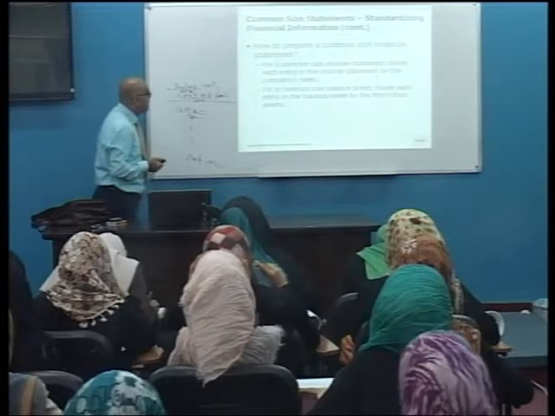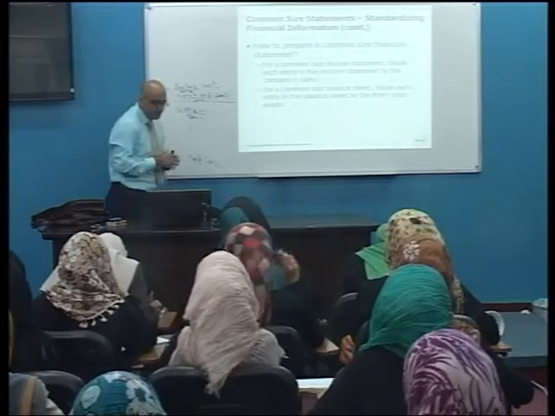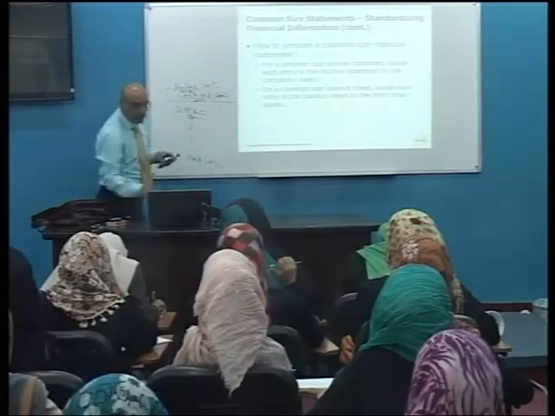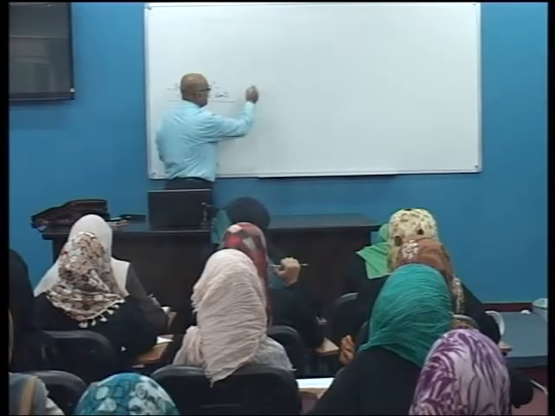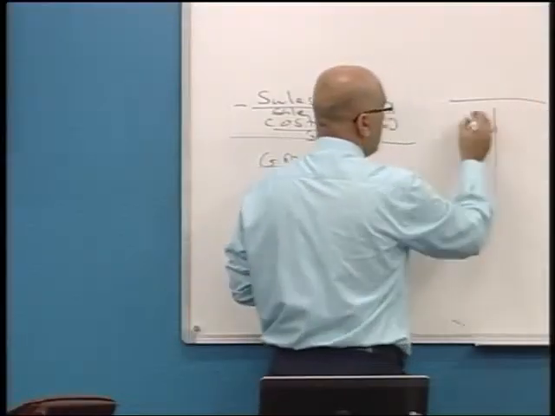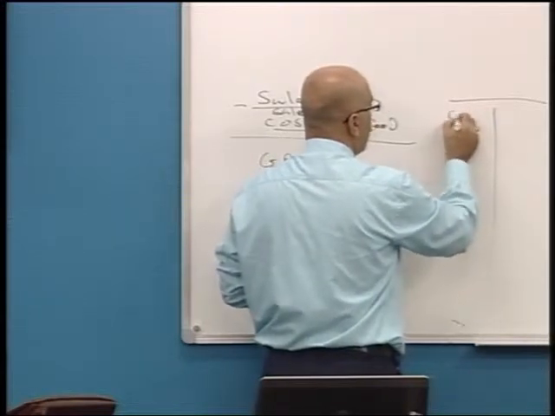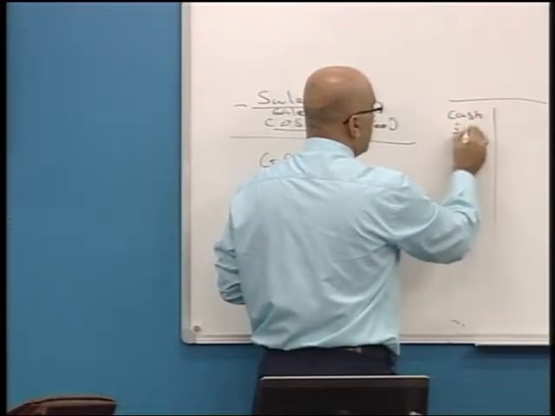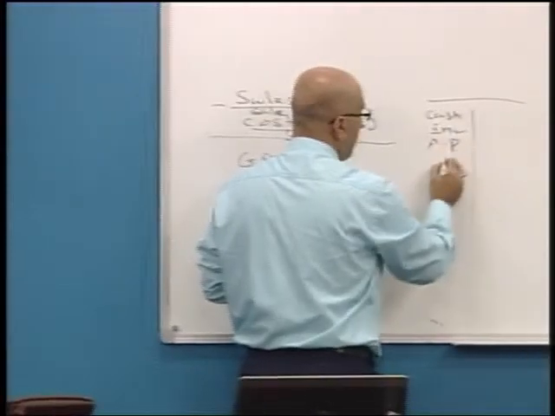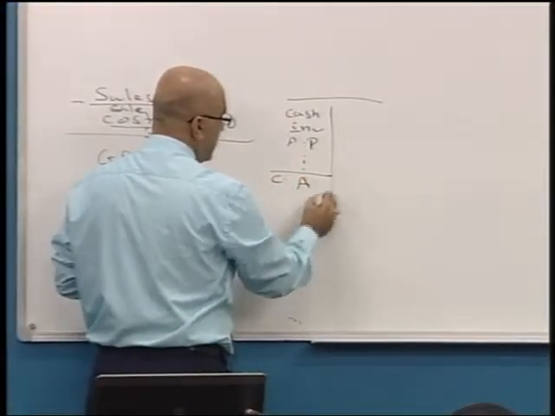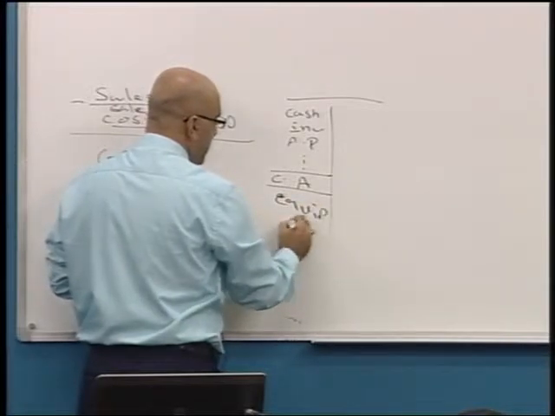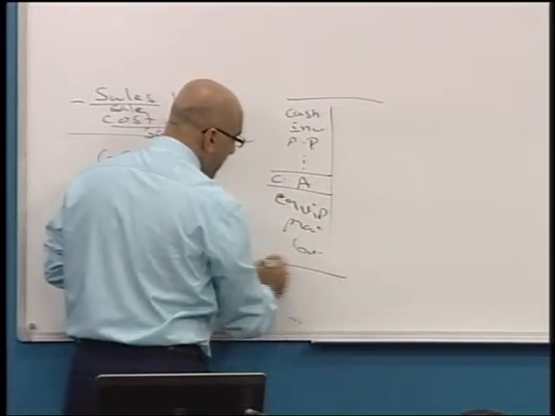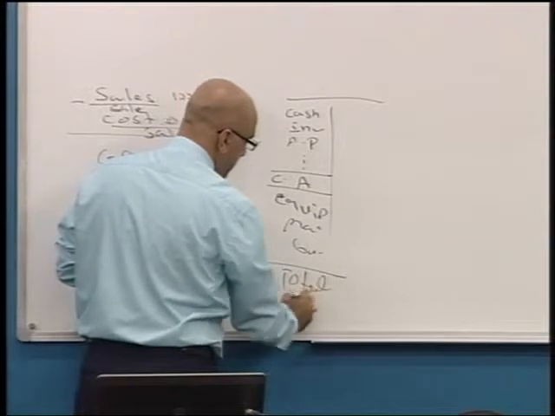Very simple. For the balance sheet, we have here the current assets: cash, inventory, account receivable. So this is the current assets. Then the equipment, machines, building. So we have the total assets.